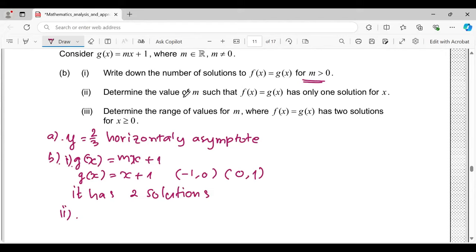Part 2, determine the value of m such that f(x) equals g(x) has only one solution for x.